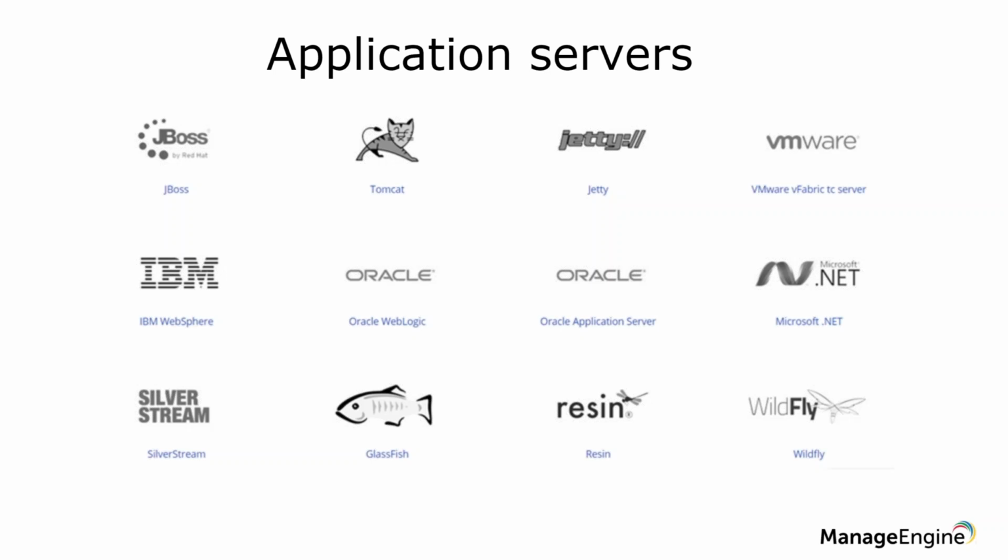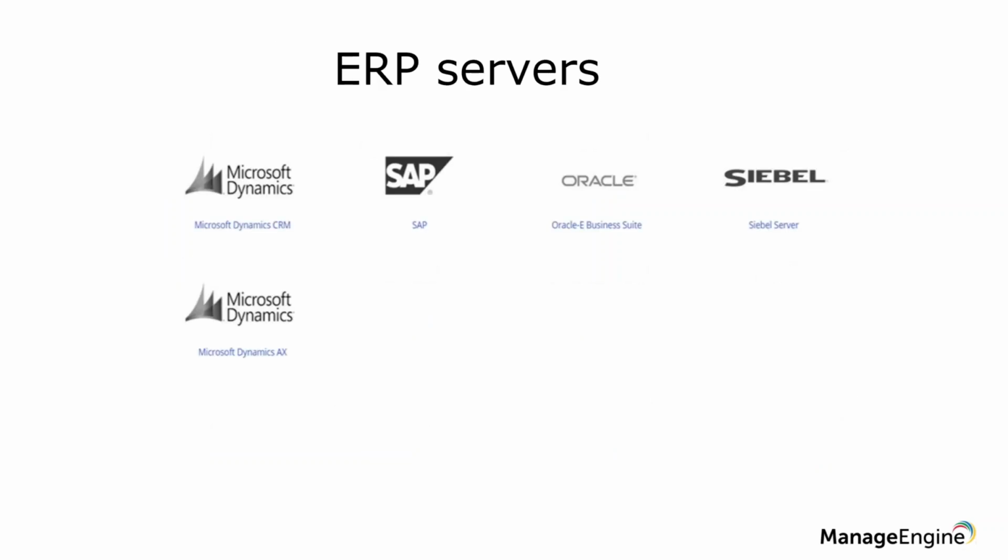Applications Manager. The next category is your ERP servers. SAP, Microsoft Dynamics CRM, Dynamics AX, Oracle E-Business Suite, and Siebel server can be monitored in Applications Manager. Here we monitor the request connection, process statistics, background processing, buffer, dialog, enqueue, spool, jobs, and server state of these ERP servers.